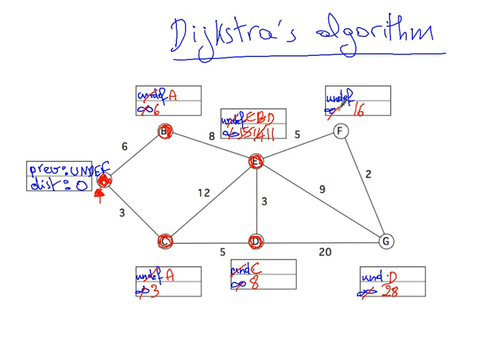To get here at a cost of 16, I'd better be coming from E. Now, to get to G, I have a cost of 11 plus 9, which is 20. Again, I only get this lower cost if I come through E.